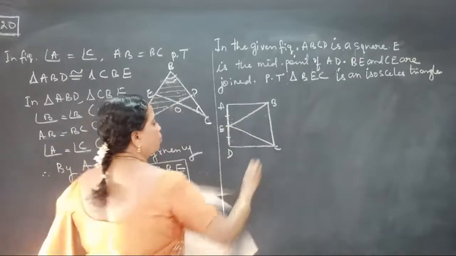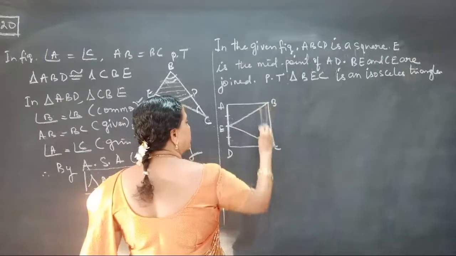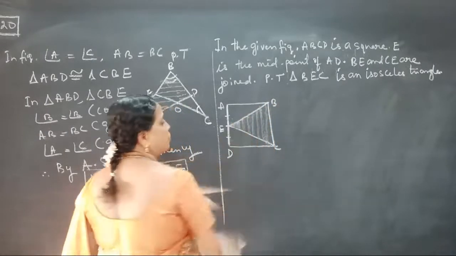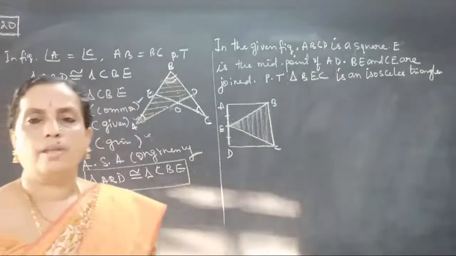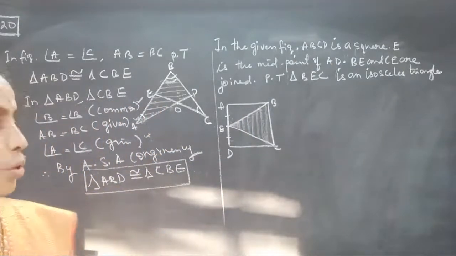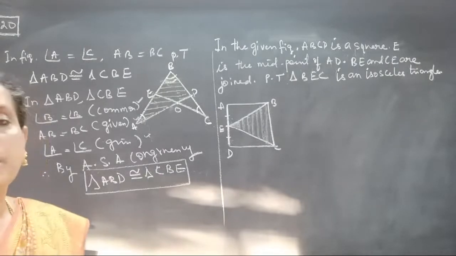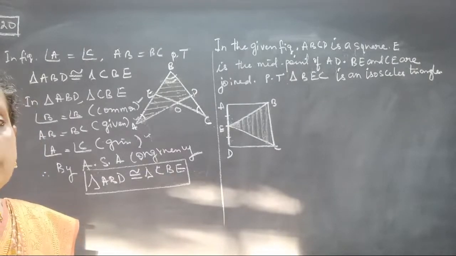We have to prove triangle BEC is an isosceles triangle. To show triangle BEC is an isosceles triangle, we have to prove BE equals CE. To that, we consider the extreme triangles, and if you show the triangles are congruent, then your answer is perfect or correct.